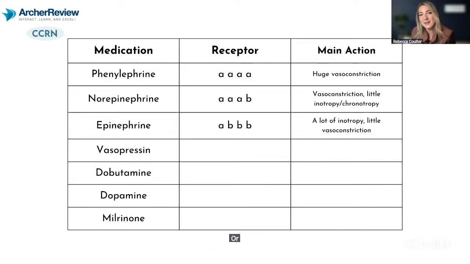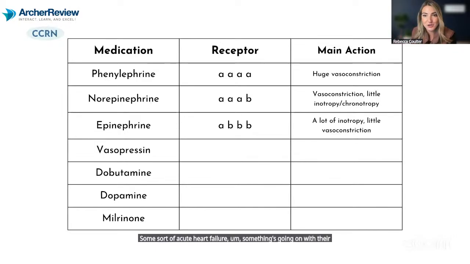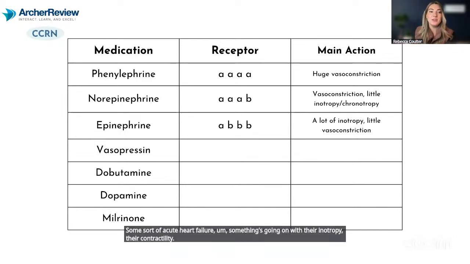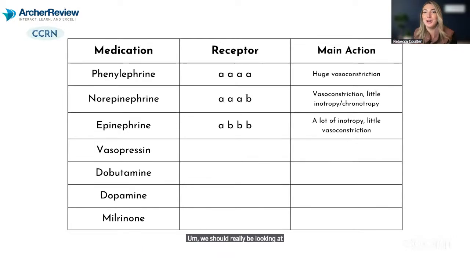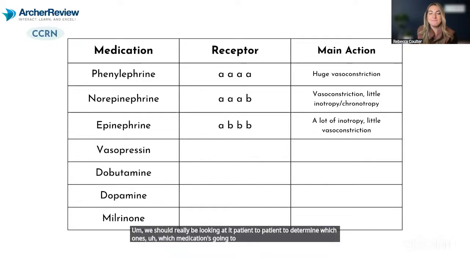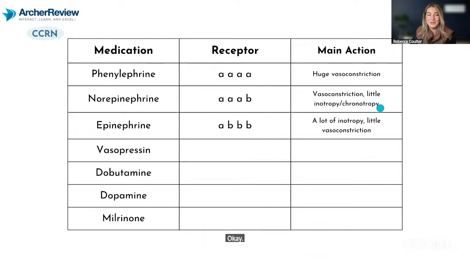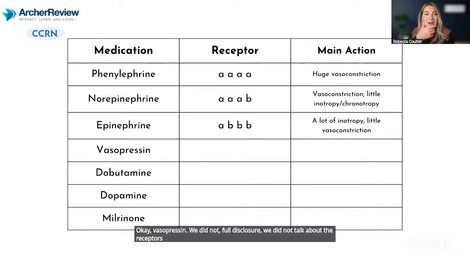Or do they need more cardiac output assistance because they're in some sort of acute heart failure, something's going on with their inotropy, their contractility? We should really be looking at it patient to patient to determine which medication is going to work best for them.